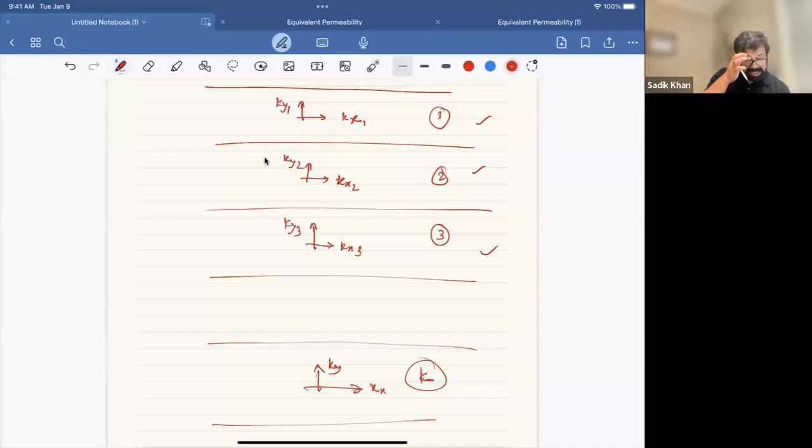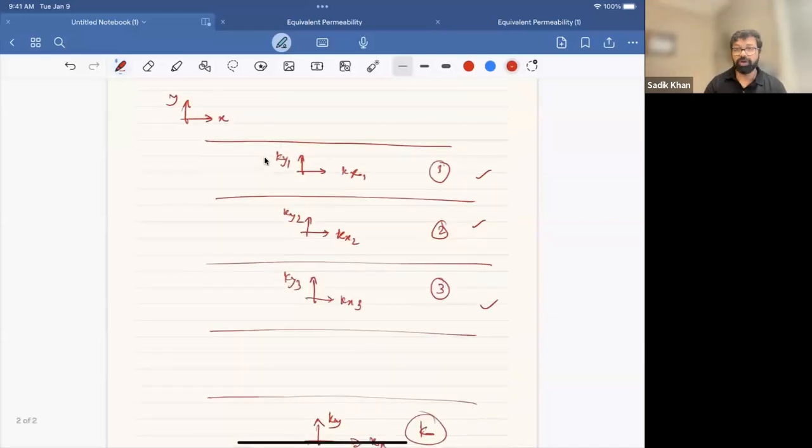Okay. So basically the idea is we have to look at the flow. So if we know the flow, let's say we apply a certain Q. Let's say we wanted to find out the KY, then we can inject the water vertically. So what's going to happen? The Q will be the same for all of it, right?